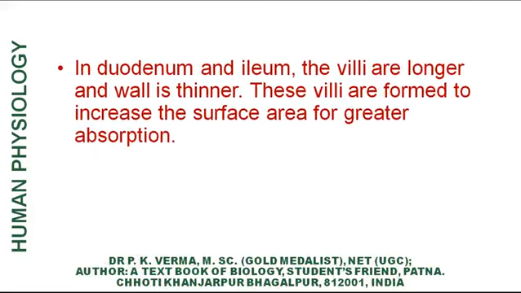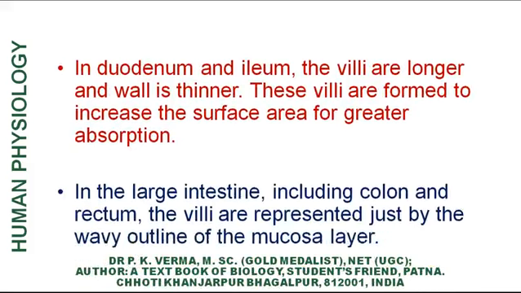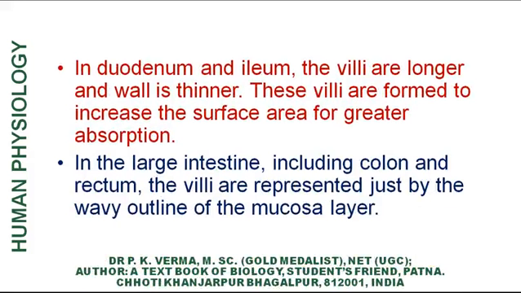In the duodenum and ileum, the villi are longer and the wall is thinner. These villi are formed to increase the surface area for greater absorption of food. In the large intestine, including colon and rectum, the villi are represented just by the wavy outline of the mucosa layer.